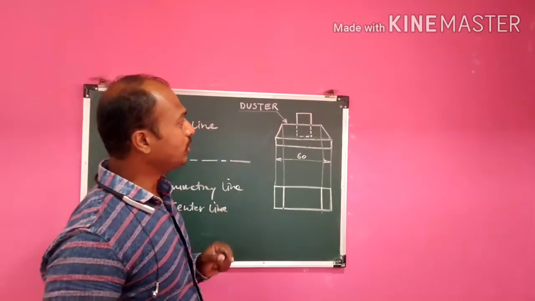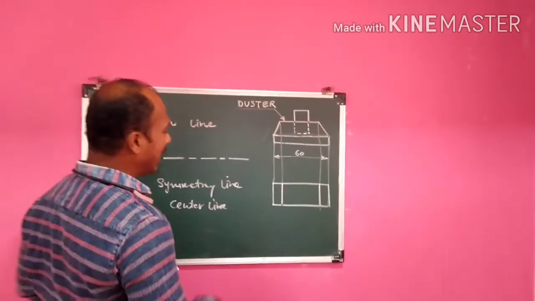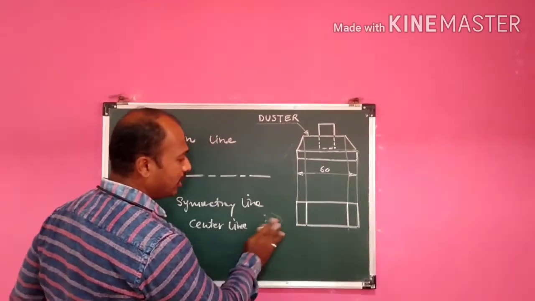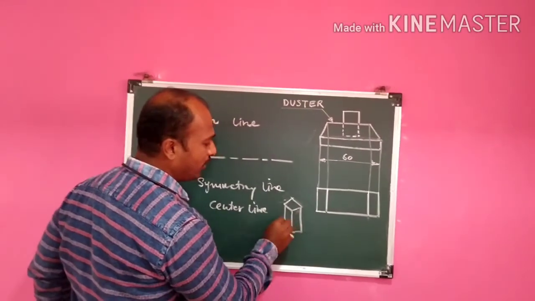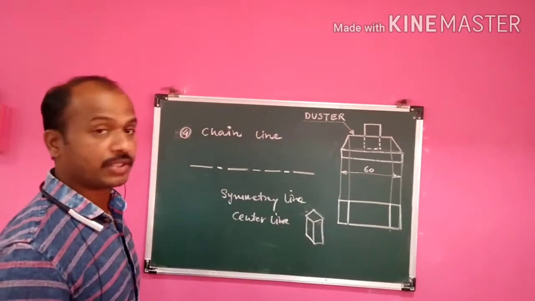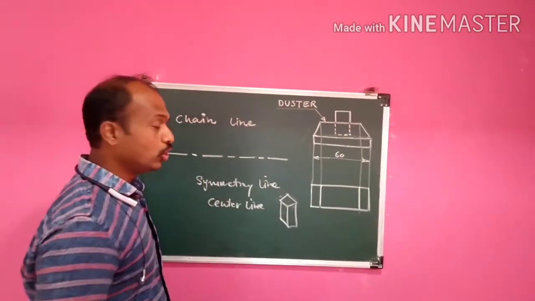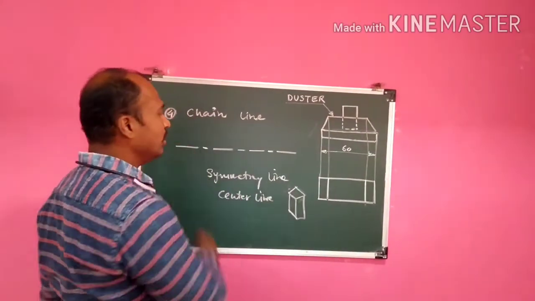Now this is a circular portion. This chalk is circular. But right now, if we imagine that this is a square object, the front view of this square object is also a rectangle like this. So to denote that this is a cylindrical portion, we are going to use this chain line.